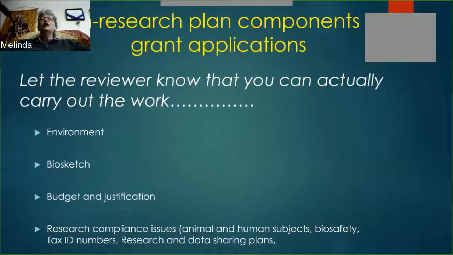So especially for a young investigator applying out of an IDeA state, Environment and Biosketch are really important components. Now, also we have budget and justification. For NIH, how much you have to put into that is a little hit and miss, because for certain K awards or other smaller grants, like an R03, the budget is the budget.